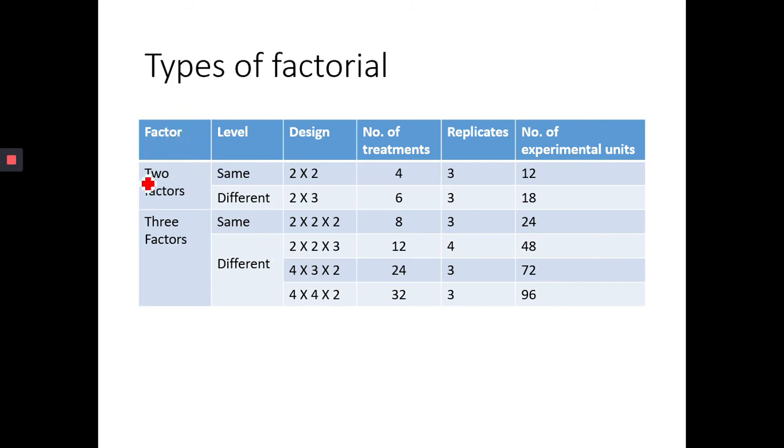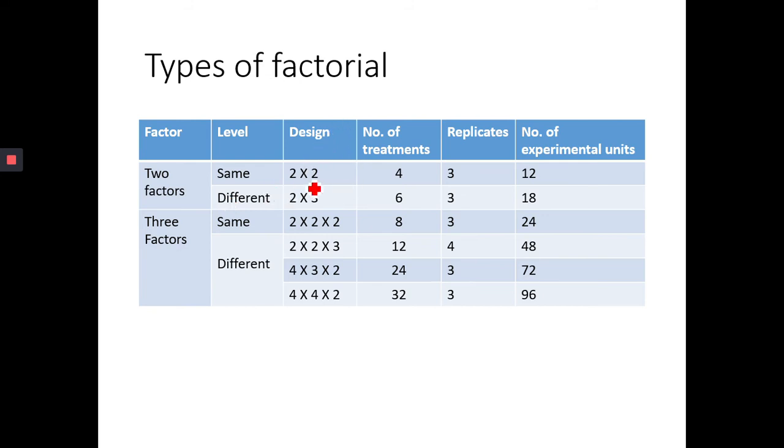Now, let me start with the simplest one. If we've got two factors and the levels are the same, say for example 2 levels, then we have a 2 by 2 experiment. Let me perhaps give you a simple example.